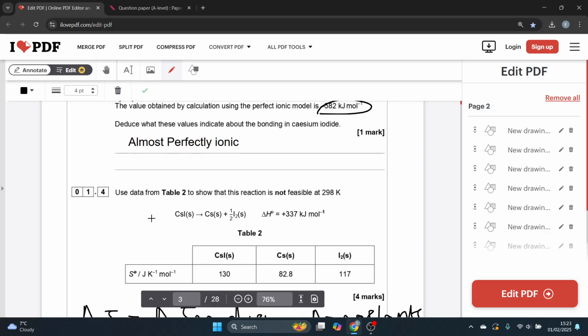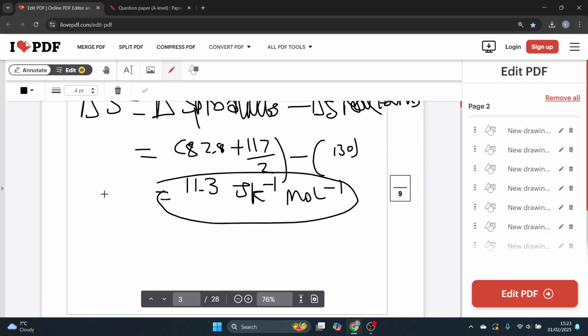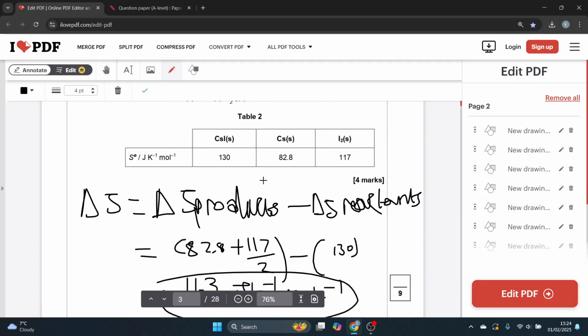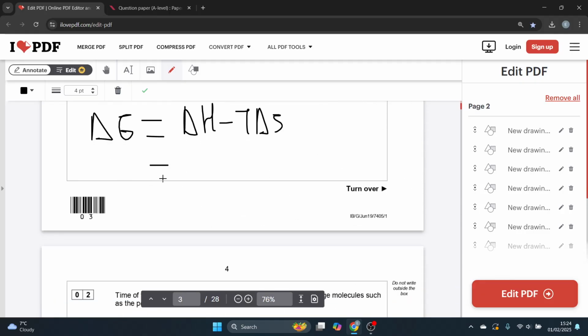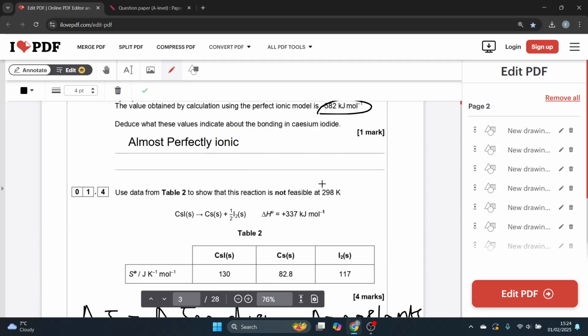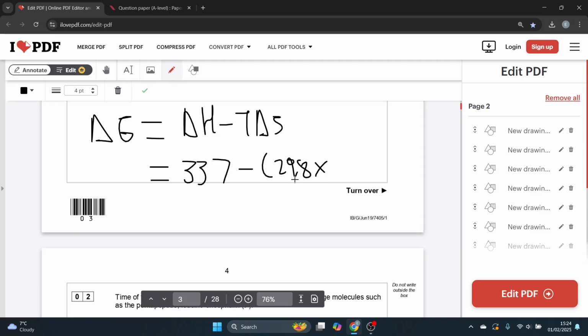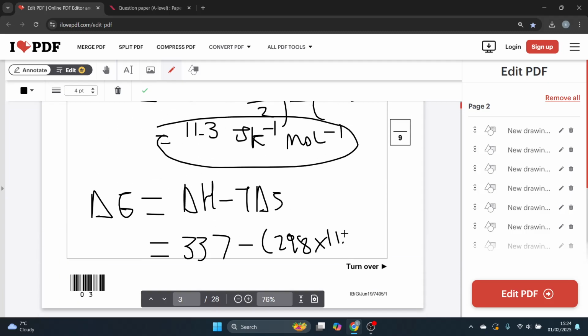Now that I've got that out of the way, I want to show this reaction is not feasible. So I'm going to use delta G equals delta H minus T delta S. And I know that delta H is plus 337 kJ mol to the power minus 1. So 337 minus the temperature, 298 Kelvin, 298 times delta S, 11.3. But that's in joules, so I'm going to divide that by 1000.